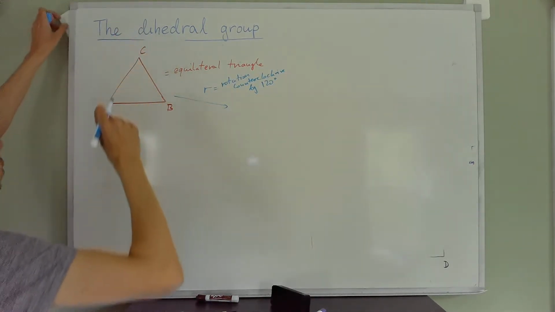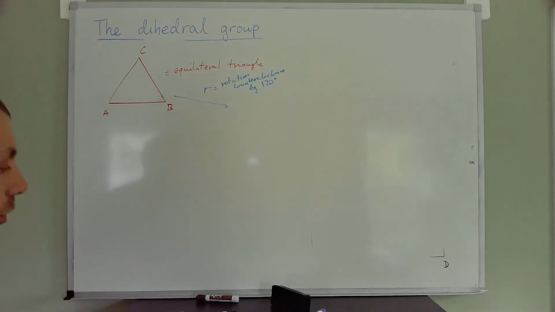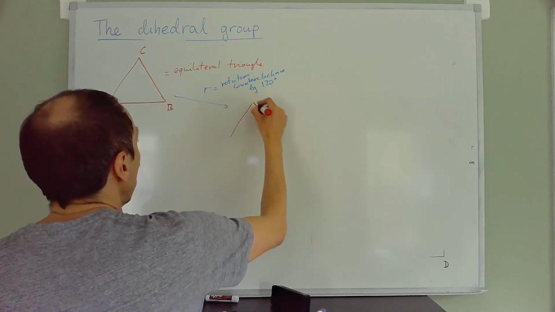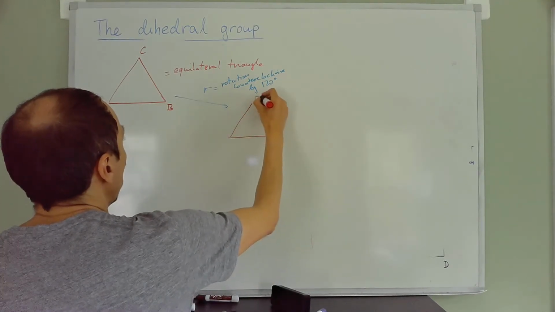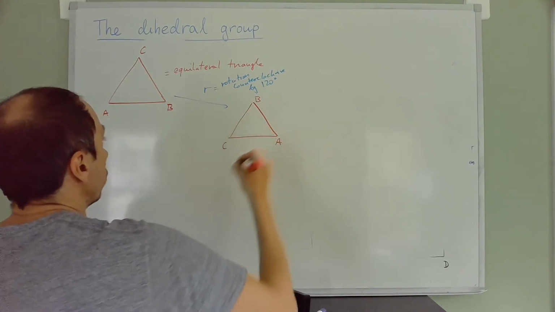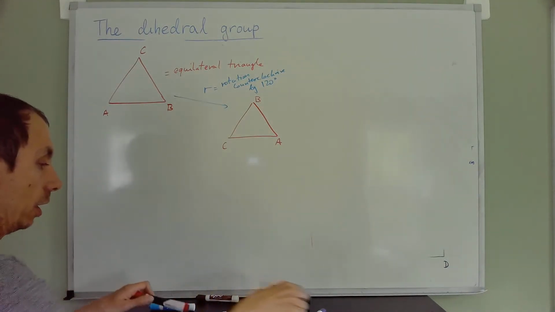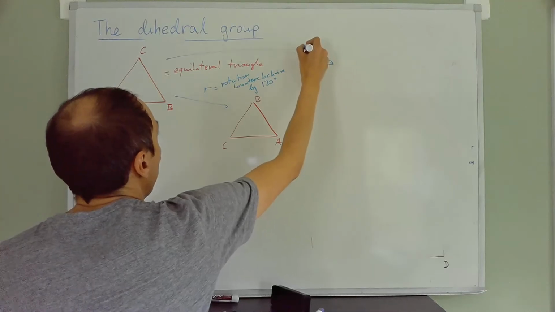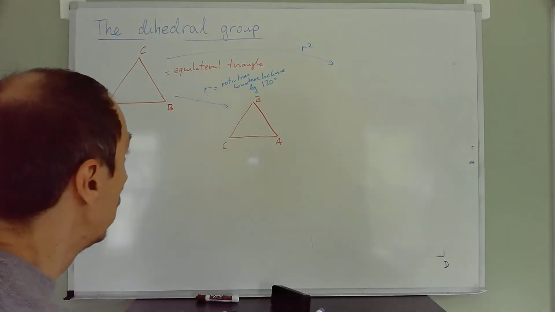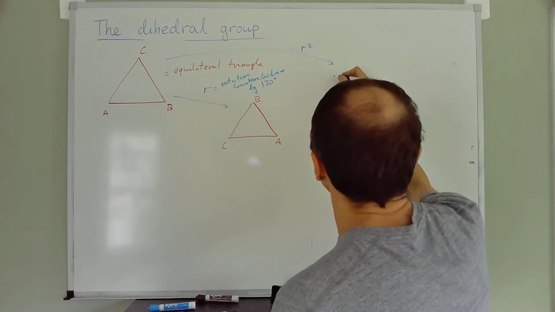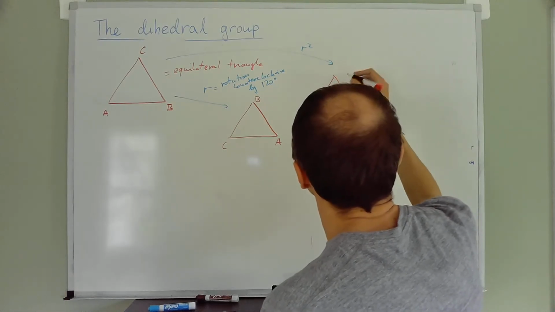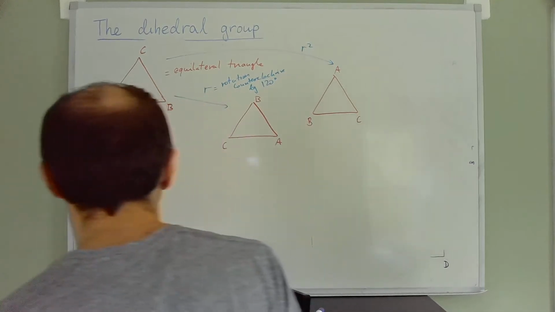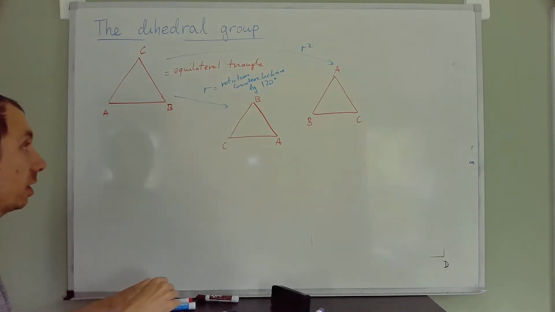Because again, these vertices have to cover the original ones. So when you do this, B goes up here, C goes here, and A goes here. So that's R. If you do the rotation twice, you get rotation by 240 degrees. A goes here, B goes here, and C goes here. R cubed, of course, is the identity, right?